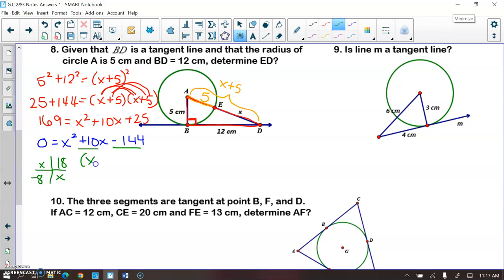So I have (x plus 18) times (x minus 8) equal to 0. If I set both of those equal to 0, I'd get x is negative 18 and 8. x is a side length, so it cannot be negative 18. So x must be 8, which is the same thing as ED. ED, which was what we were trying to find, is 8 centimeters.